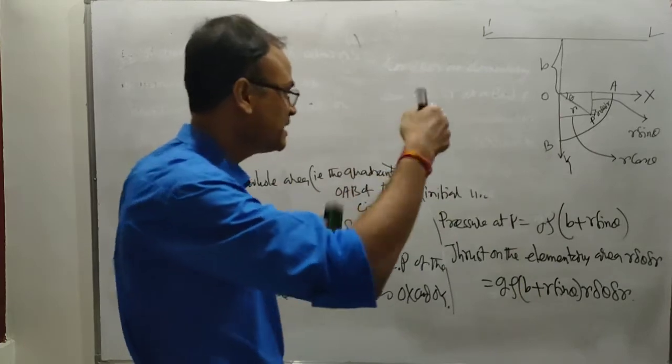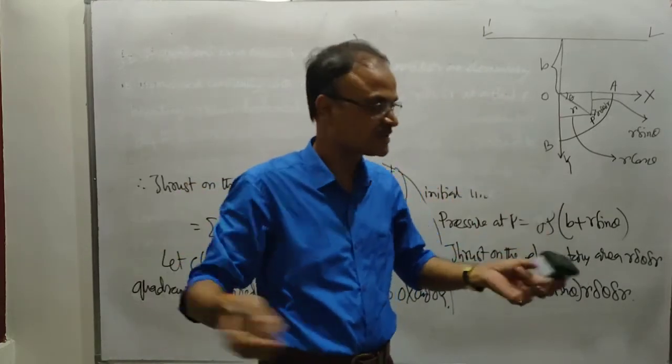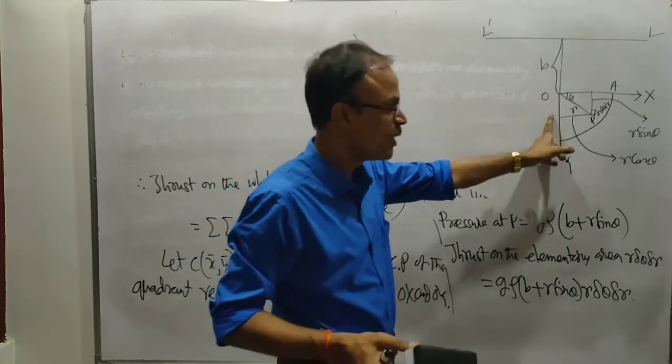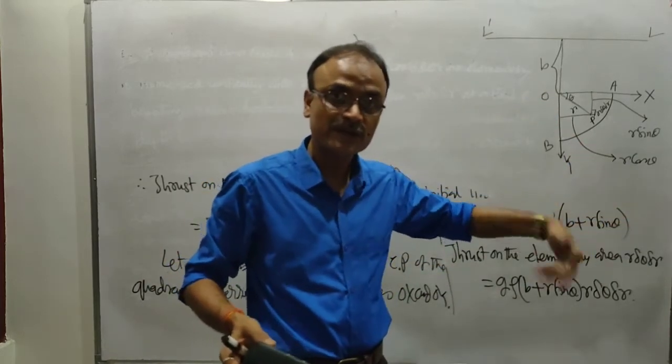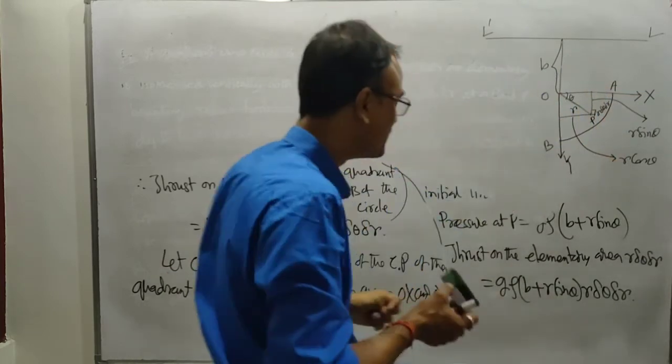Now, taking moments of the thrust about OY, you will get x bar. Taking moments of the thrust about OX, you will get y bar.